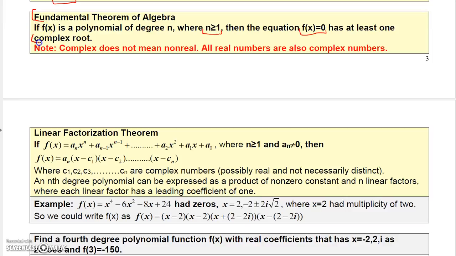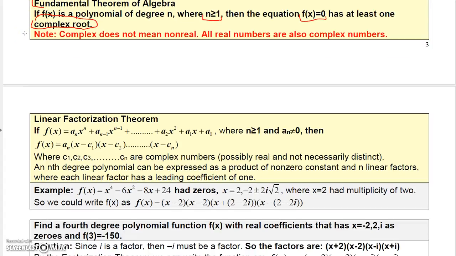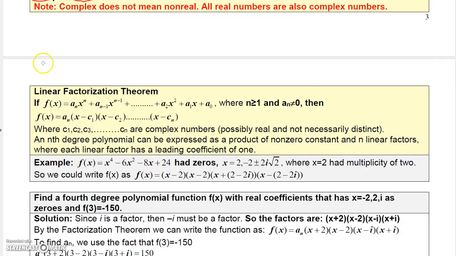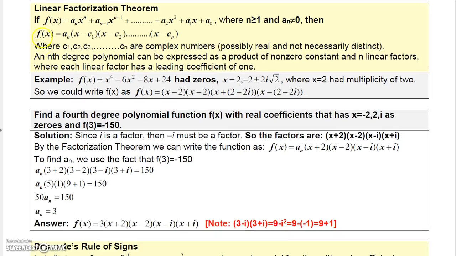Now, what you have to remember here when we say complex is we're not saying non-real, because all real numbers are also complex numbers. So basically, we're just saying that every polynomial of degree 1 or greater has to have at least one root. So it might be real or it might be complex.